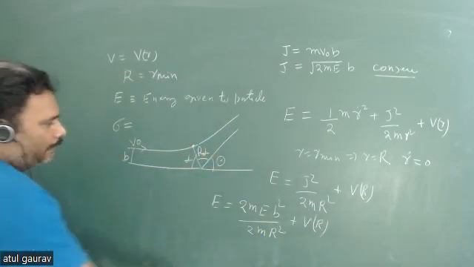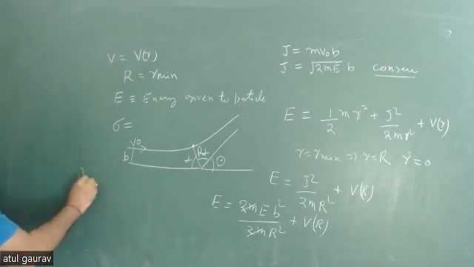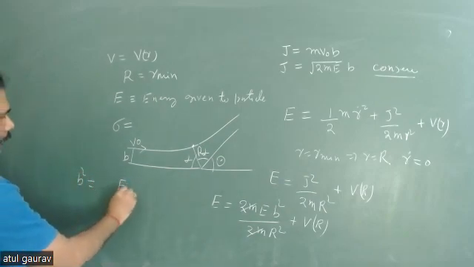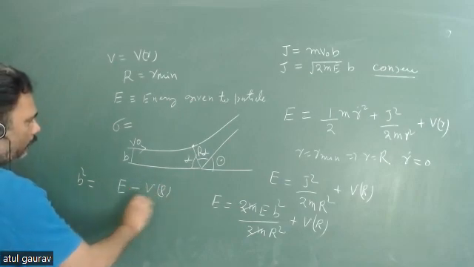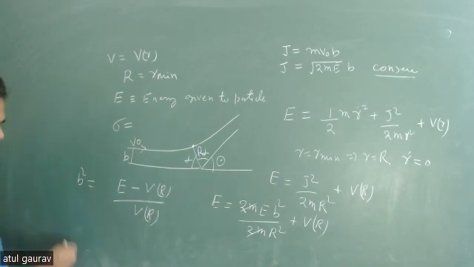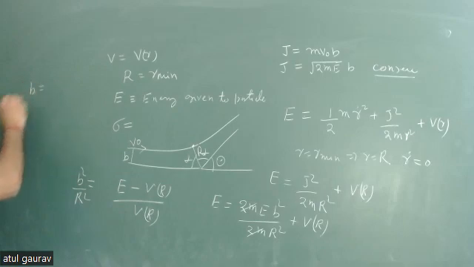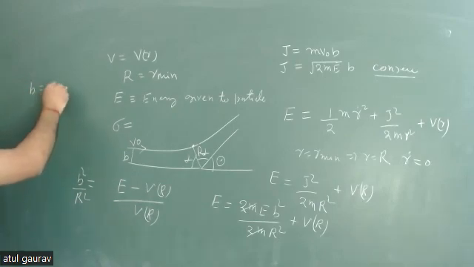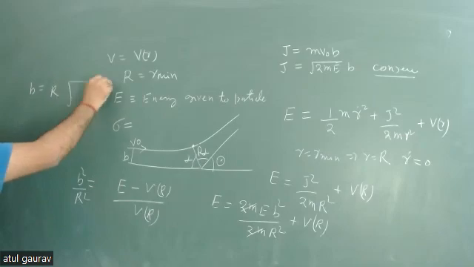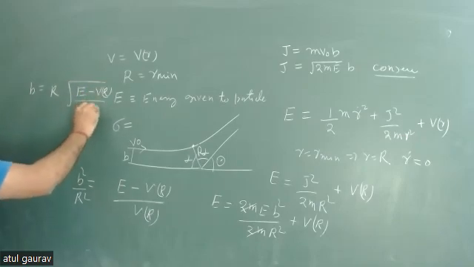So we can easily get value of B here. So what is value of B square? The value of B square is equal to R square times E minus V(R) by E. This is your value of B square by R square. And from there, we can get value of B is equal to R root under E minus V(R) by E.